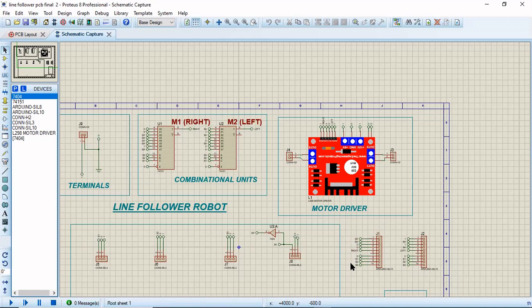After designing the schematic of this line following robot, we implement the circuit on breadboard. Let me show you the breadboard implementation of this circuit.